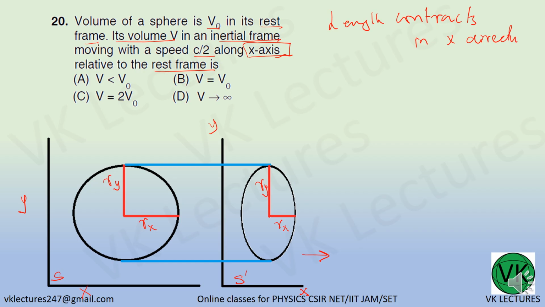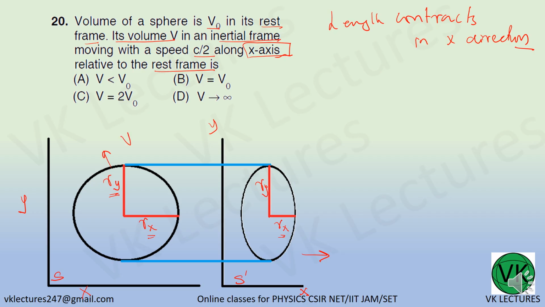Now what you are seeing is, in the non-moving rest frame, Rx and Ry are equal, and when it comes to the moving frame, moving with velocity c by 2, there is a reduction in Rx. So you can see the volume clearly decreases.